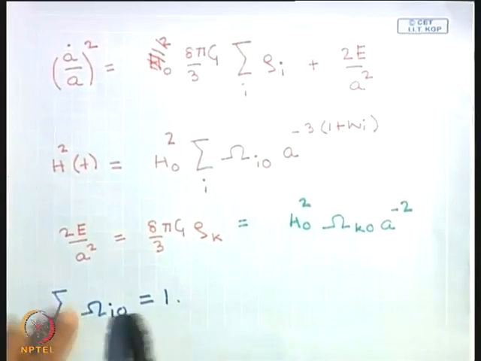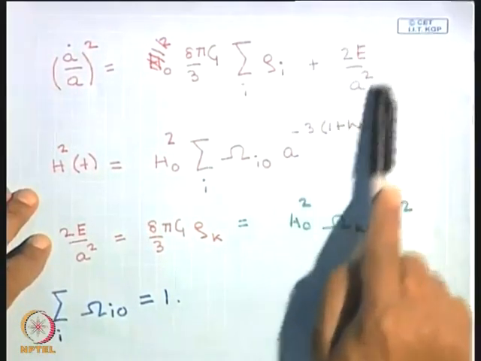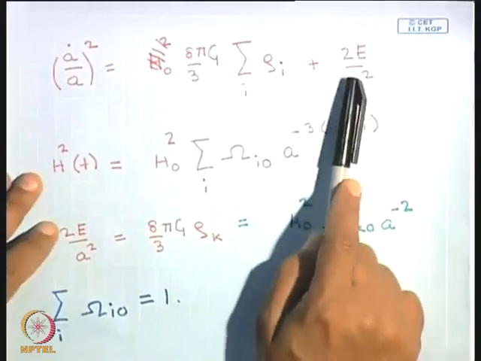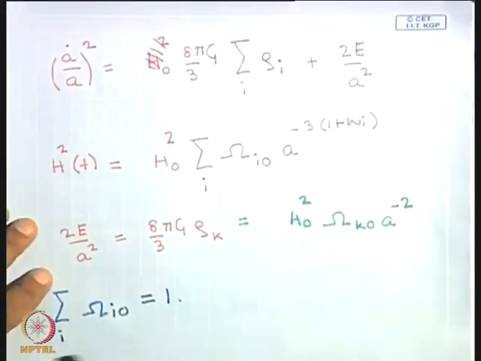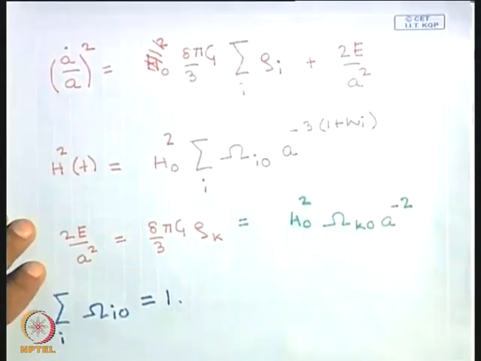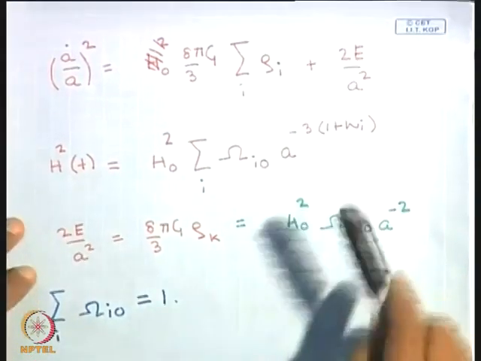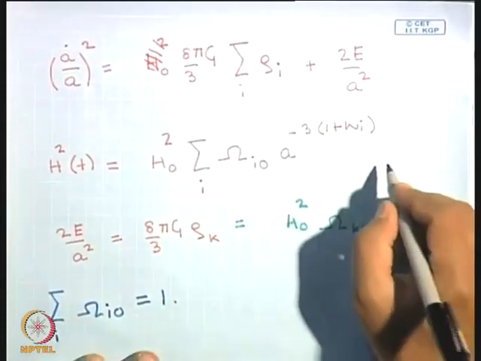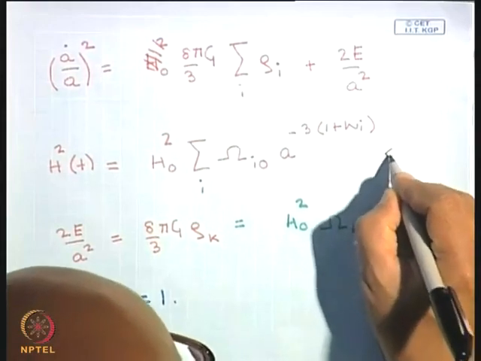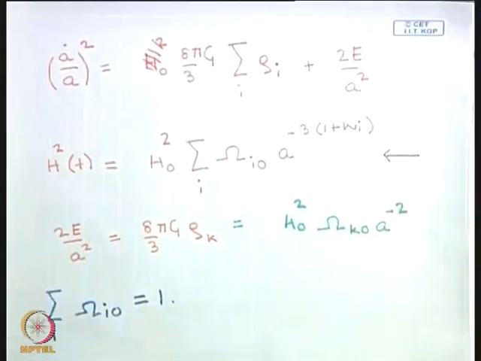And this is true because we have also accounted for this constant of integration by introducing a fictitious omega curvature. These are the two equations that we discussed in the last class, and this is the equation that we finally use in much of cosmology to study the expansion of the universe.